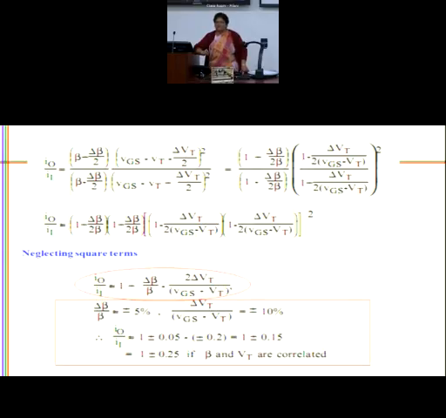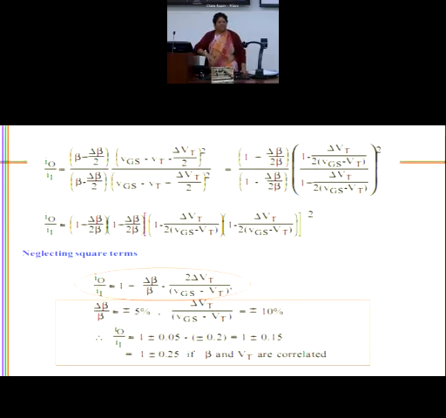So if your I bias is say 50 microampere, compute 25% of it and then add or subtract. This much variation you can obtain. Remember, this is the worst case, where I am assuming that Vt is also causing current to decrease and beta is also causing the current to decrease. So the total effect is a net decrease, and that will cause the current to decrease in a major way.